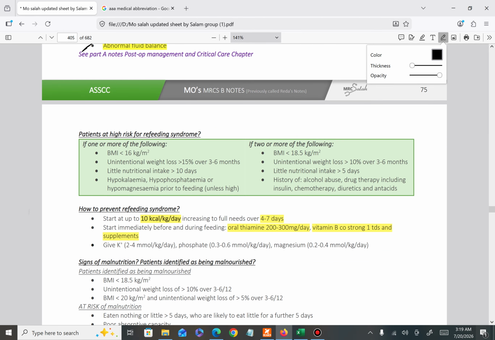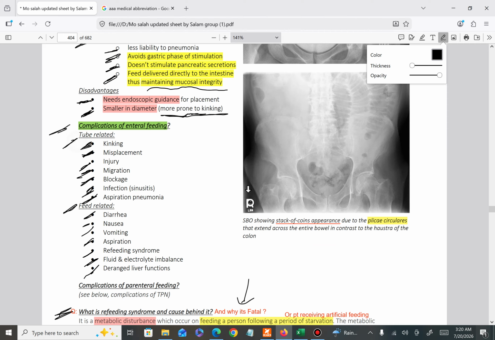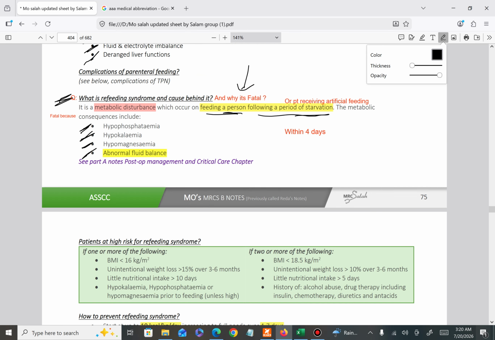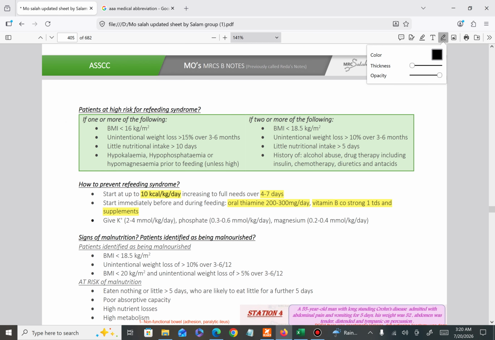Then the patients at high risk for refeeding syndrome include two criteria. This is the first criteria.